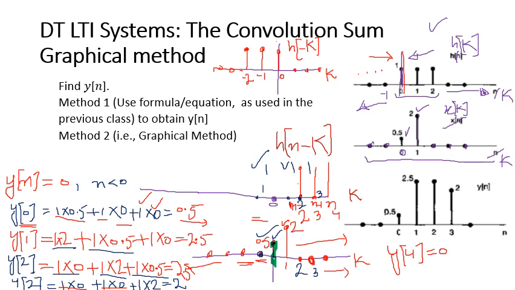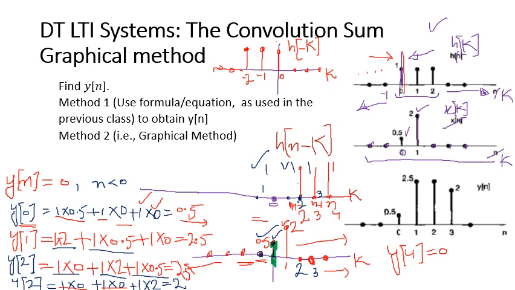Shifting it one more position to the right results in n equals 4, and when n equals 4 you see this is the fourth position. Here the response has value of 1, but the input signal is 0, so 1 into 0 will result into 0.